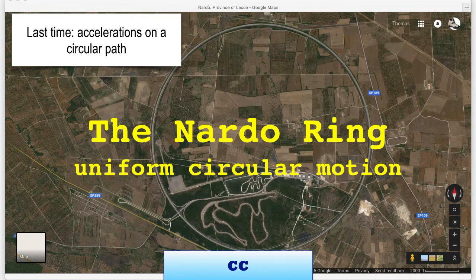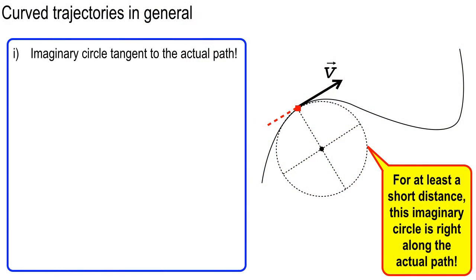So let's take a look at some of the things that led up to that. We'll do a little recap from last time. We took a general curve, kind of any shape, not a circle, and we drew in this imaginary circle that's tangent to the actual path.